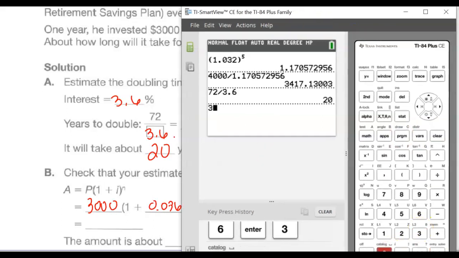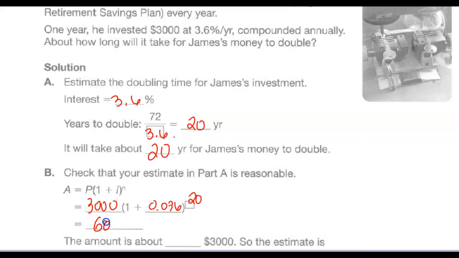So 3,000 bracket, and you can add that in your head, or go 1 plus 0.036, close the bracket, to the exponent 20. And you can see it's a little more than 6,000. 6,005.78.